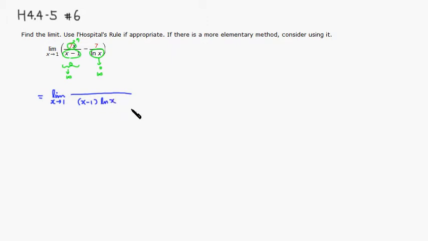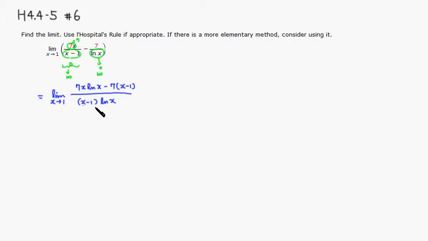Then you have to multiply 7 by x and natural log of x, so you get 7x natural log of x, minus 7 times the quantity x minus 1.